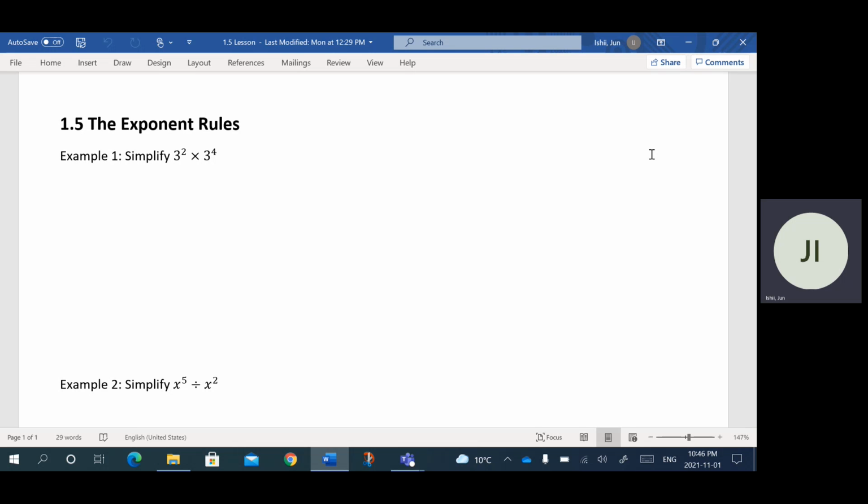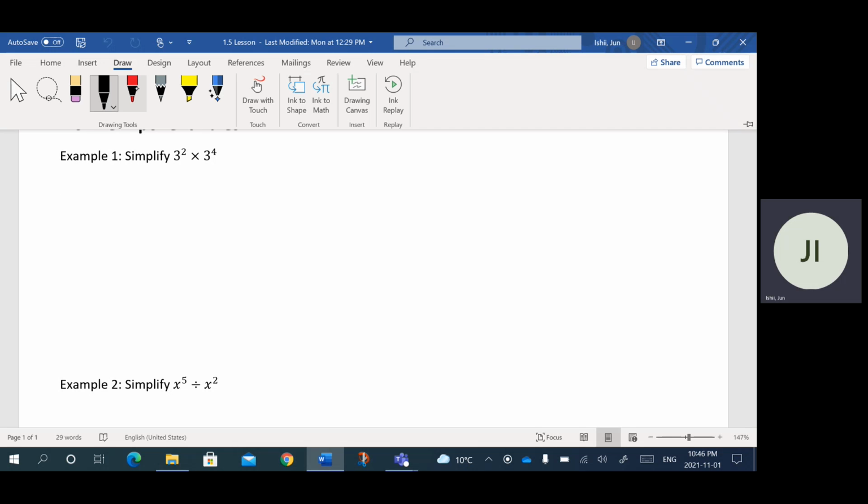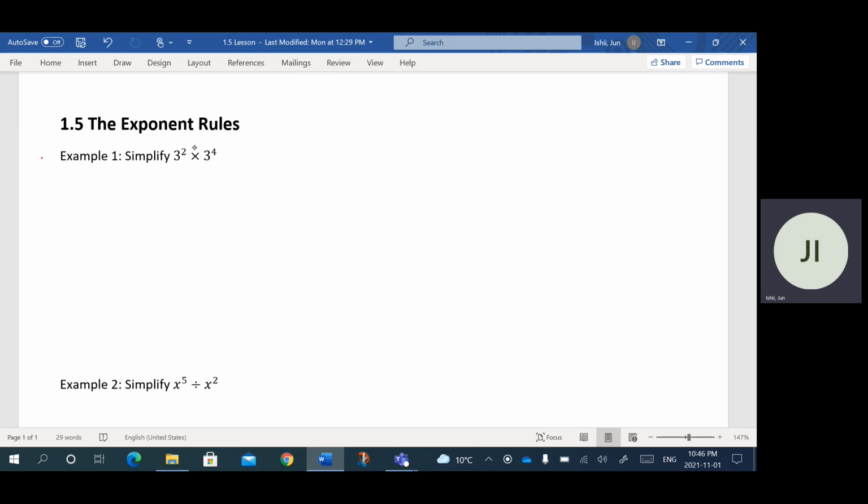We want to simplify 3 squared times 3 to the 4th. Before I actually get the answer, there are a couple of terms I've got to call out. The number 3 here is called your base. Notice that these two have the same base.